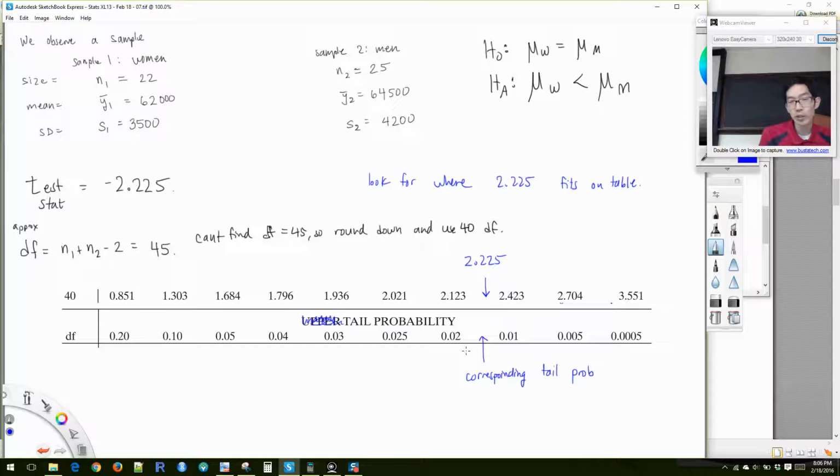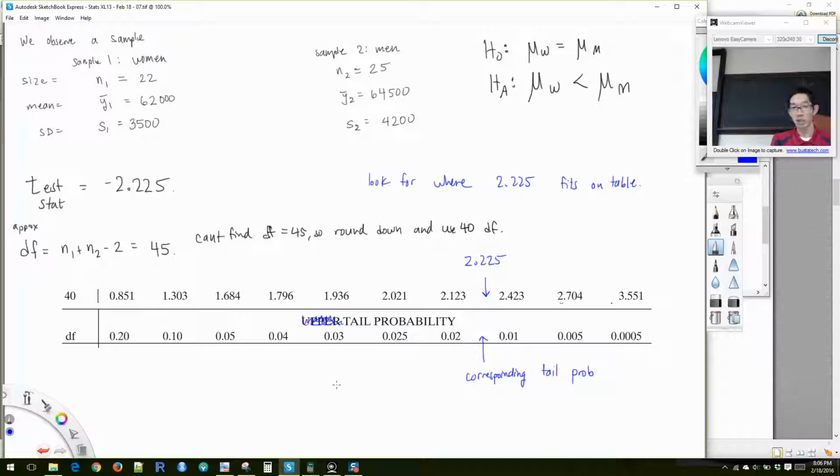Basically you go to that row, 40 degrees of freedom, see where 2.225 fits, and then you look at the top of the column, and the corresponding tail probability is between these column headings.